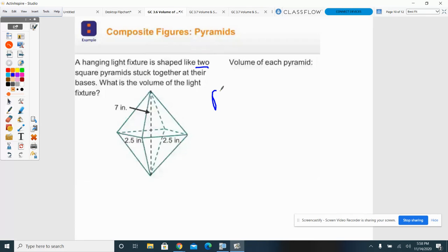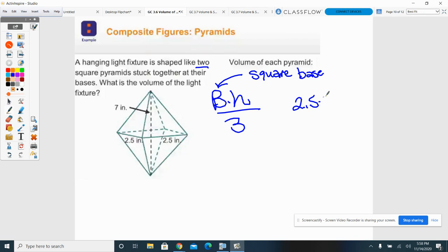Okay, so that's going to be big B times H divided by 3. Big B is going to be the square base area, which is 2.5 times 2.5. 2.5 times 2.5 is 6.25.